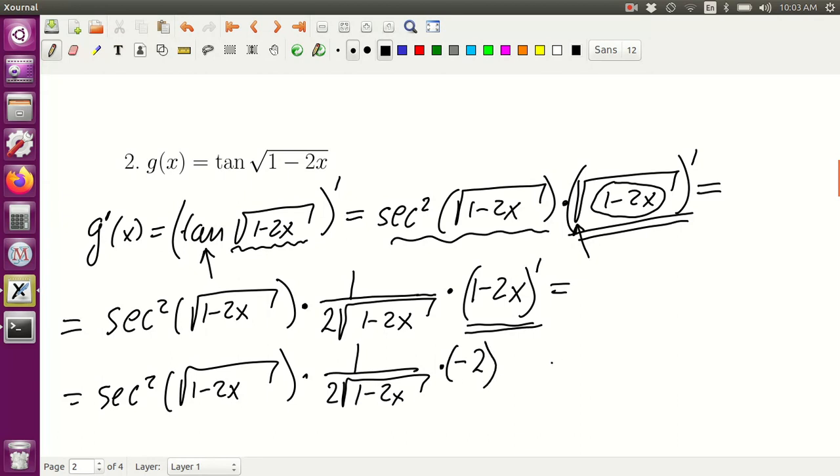And for all practice purposes, this is a good place to stop for us. Maybe if we want to be a little bit more savvy, we can divide by this 2 and write it as negative secant squared of the square root of 1 minus 2x divided by the square root of 1 minus 2x.